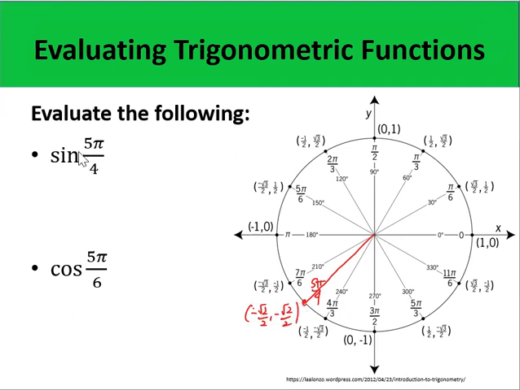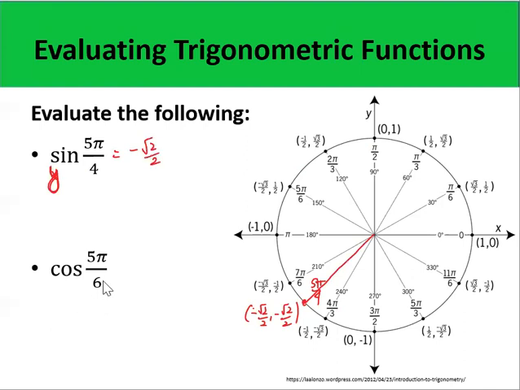Since sine is the y coordinate, then sine of 5 pi over 4 is the y coordinate of this terminal point. So which means it is negative square root of 2 over 2.